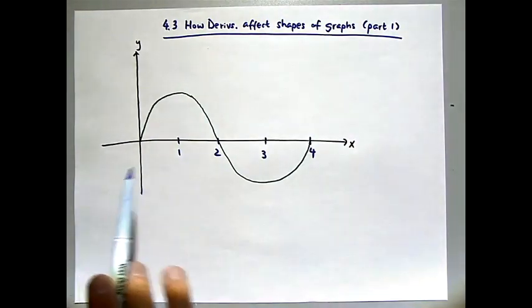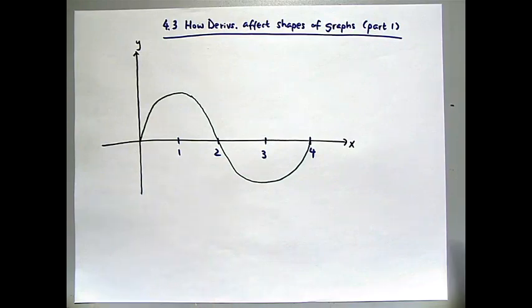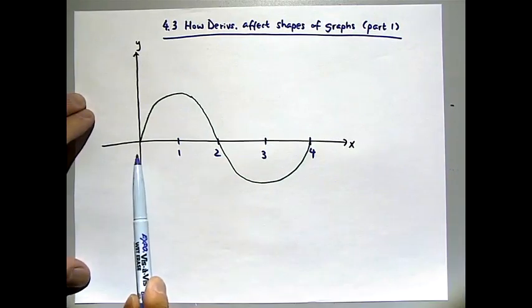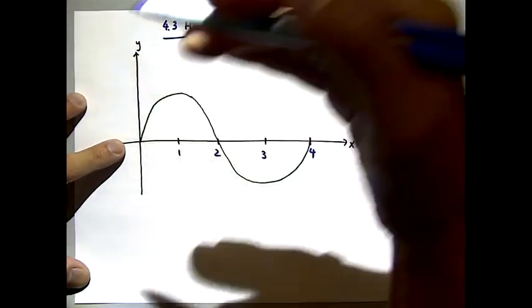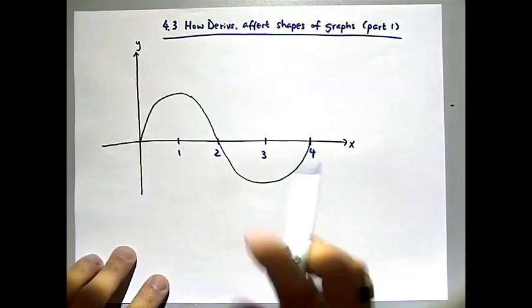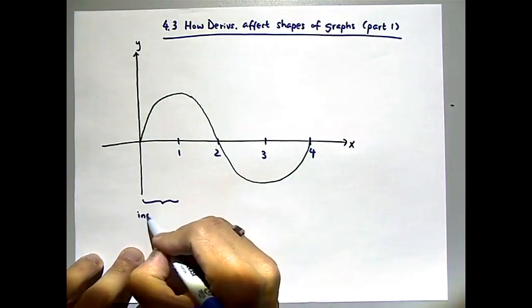On certain parts of this graph, the graph is increasing. For example, from 0 to 1. Every point as you move to the right gets higher and higher. So this section right here is what's called an increasing interval.